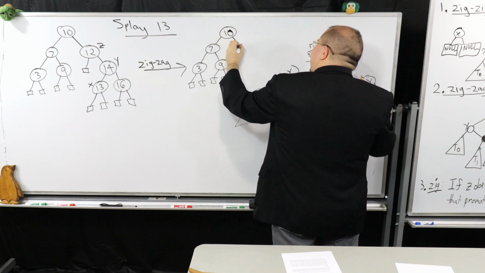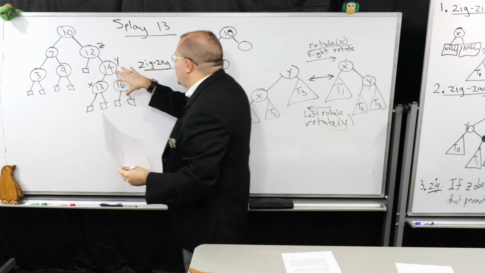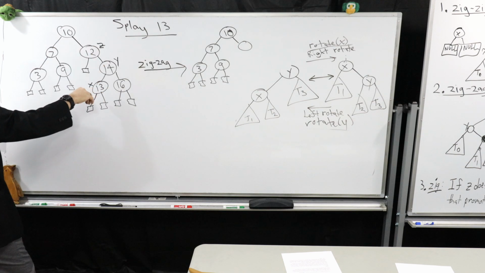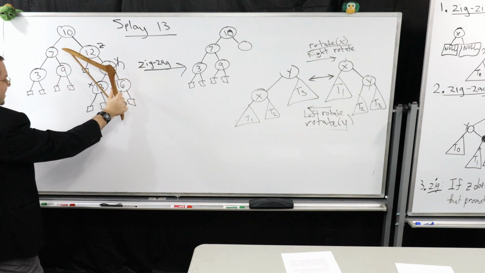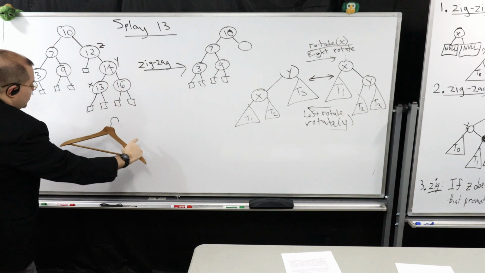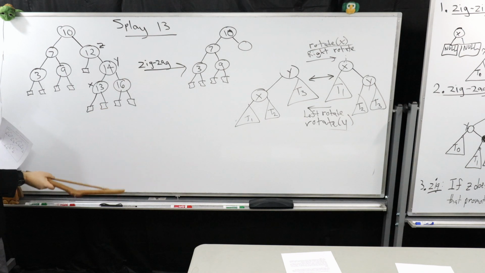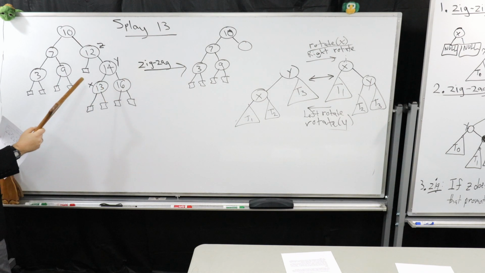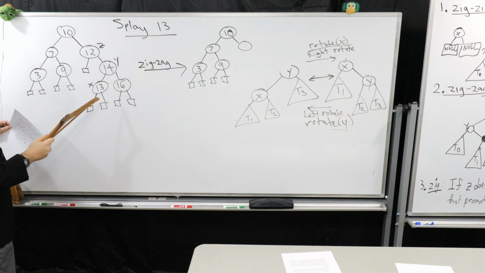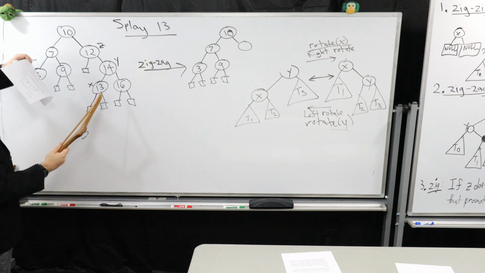That's a 10. Okay. Now, when I'm done this process, remember, I promote x and I demote y. Think of the hanger. The 14 gets pulled down this way, and it grabs onto this leaf node that has nothing in it. Then I do a rotate on 13 again, and I promote it over 12.